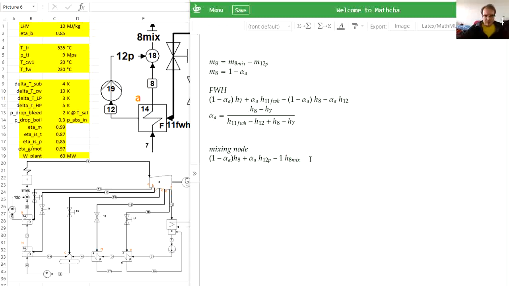So from this we can easily get that the equation to get the H8 mix looks like this. And now we can implement these into our model.